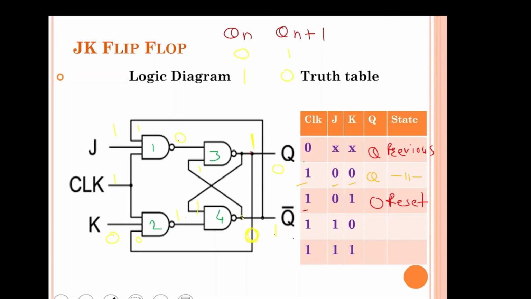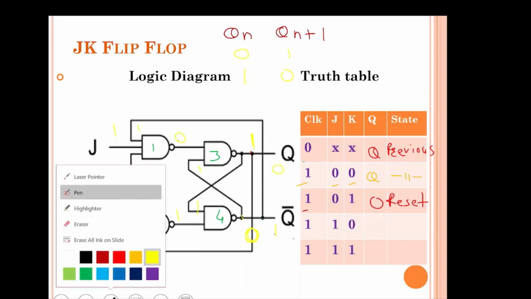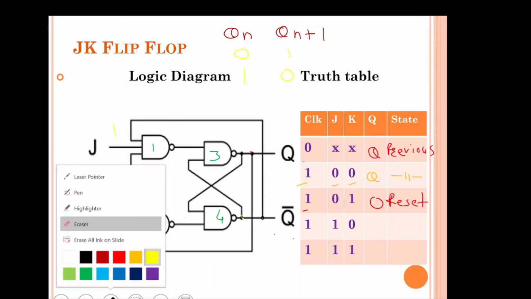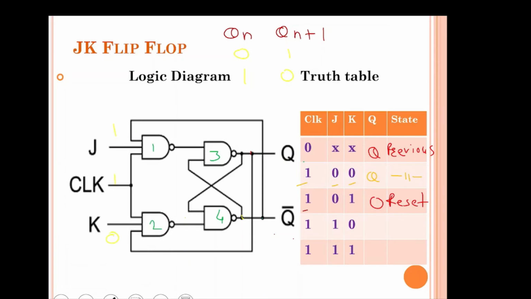Now we have to check for one more previous output which is possible, that is Qn will be 1 and Q bar n will be 0. Let us check for that condition. Now if the previous state is suppose 1, 0, then this 1 goes here, this 0 goes here.